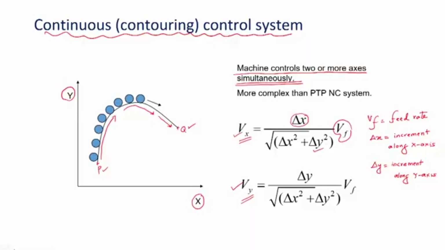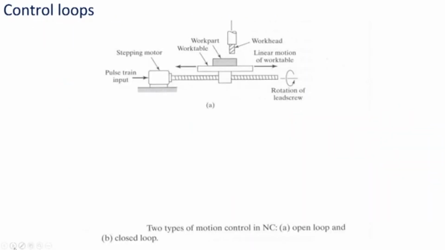The screw is getting rotated by using a motor, and that is the stepping motor or the stepper motor, and the pulse train input is given by the controller. Now, as this lead screw is getting rotated, there is a translation of the nut along the axial direction of the lead screw.